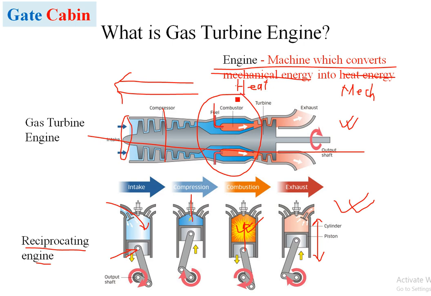This high pressure and high temperature gas then strikes the turbine blades. When these high pressure, high temperature gases strike the surface of a turbine blade, they start rotating. And this rotation of the turbine will keep the compressor also rotating.